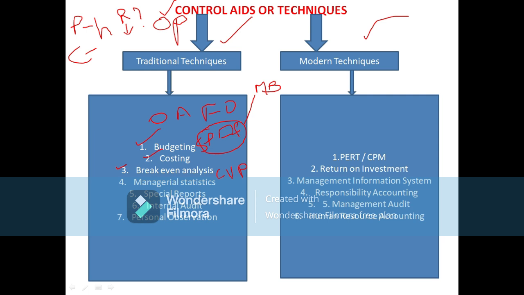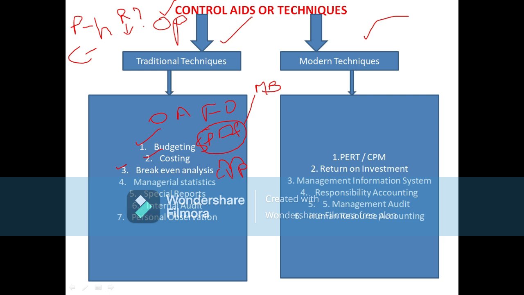What does this chart mean? The chart represents graphically the relationship between cost, volume and profit. So the break-even chart is a valuable control aid. It helps management in making decisions on various aspects.